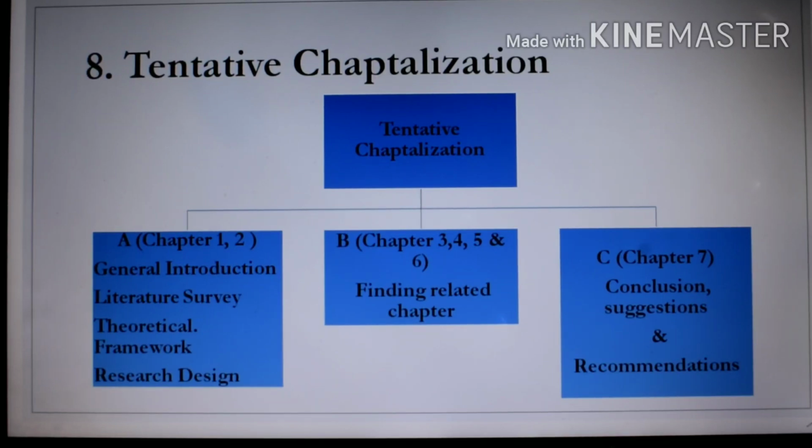And another one is the B category. You can take chapters 3, 4 and 5, and these chapters are findings-related chapters. And the last chapter you can consider in the C part: conclusion, suggestions and recommendations.